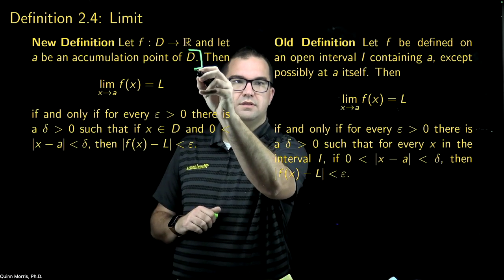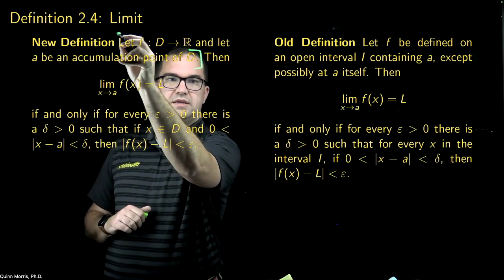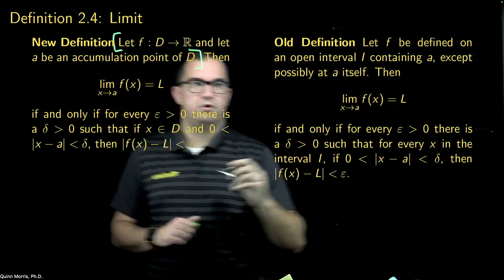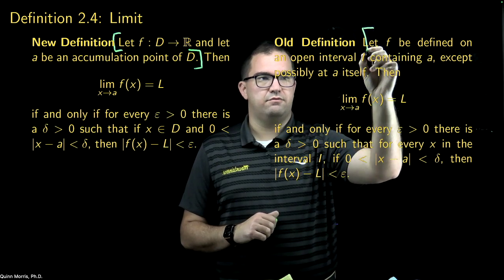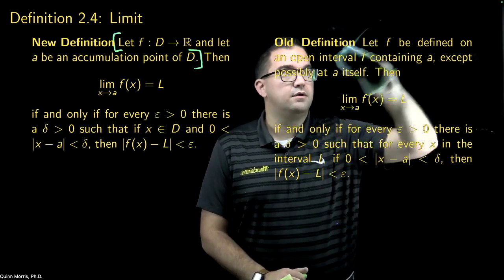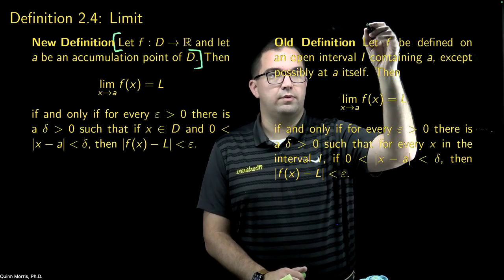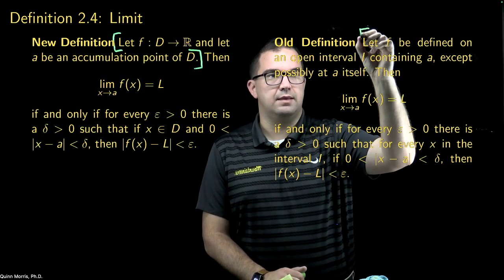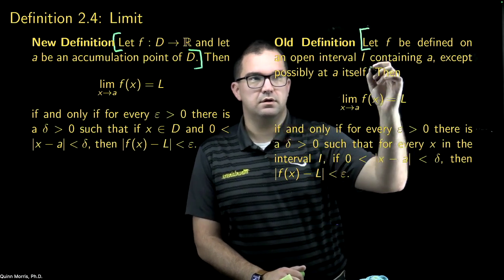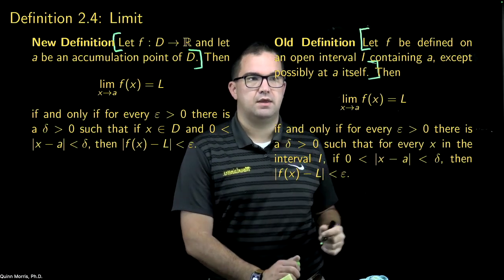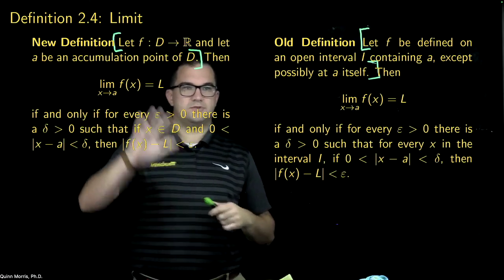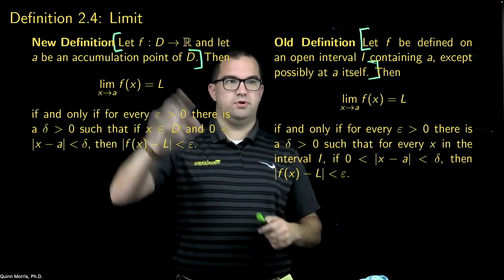These blocks are where we're setting up what types of functions and what types of points we are even going to be able to talk about the limit. If I compare these two blocks, this one just says let A be an accumulation point of D.